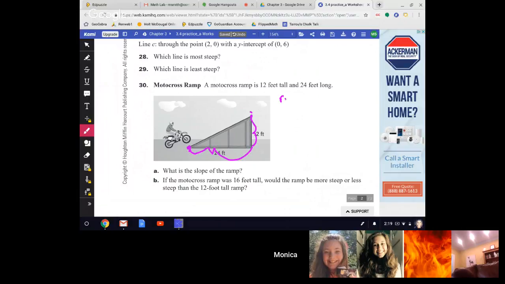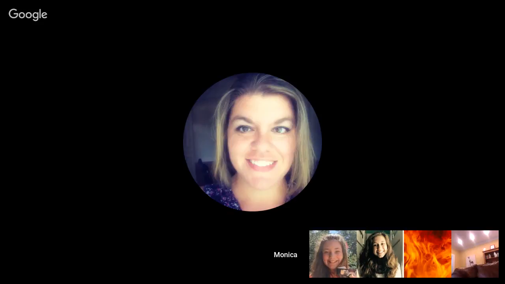So if it's rise over run, then that's 12 over 24, which reduces to 1/2. Okay? Does that help? Yeah, 1/2 is the slope.